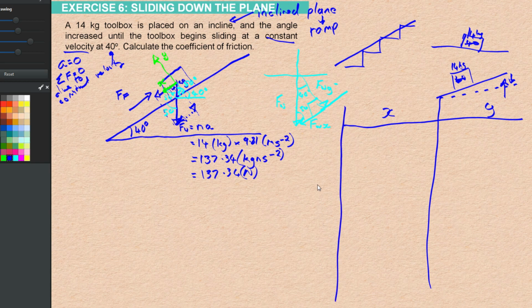Table down here. So we have our weight force. The first one we have to deal with is the hardest one to see. Our weight force is equal to 137.34, and we have weight force.